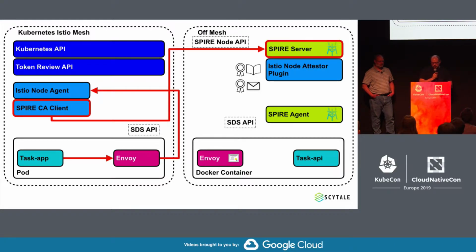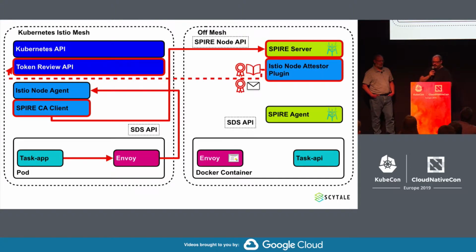So the Istio node agent will talk to the Spire CA plugin client, which will then communicate back to the Spire server using our node API. So that's how we can communicate back into the Spire server and send the CSR request back to Spire.